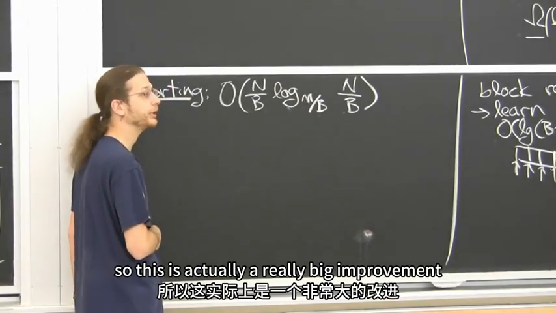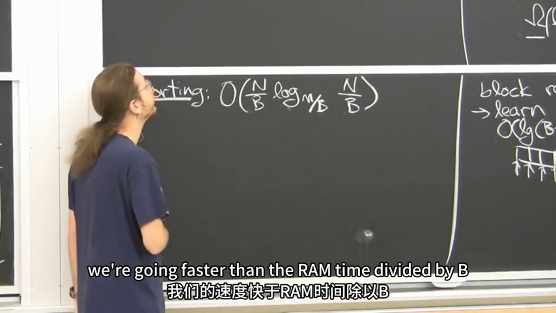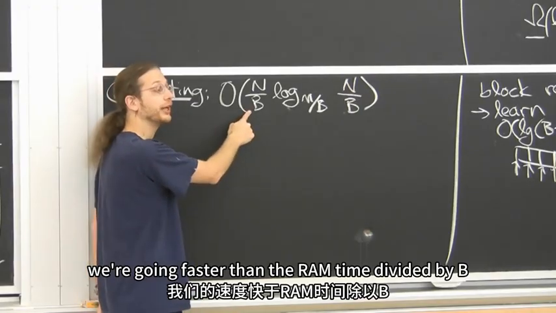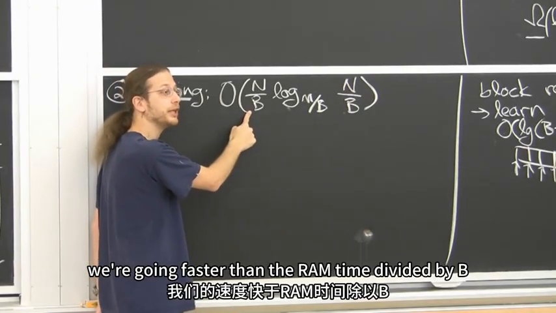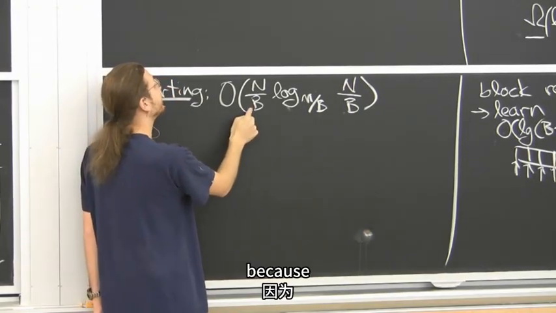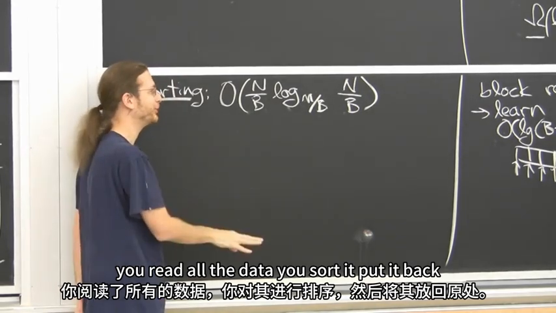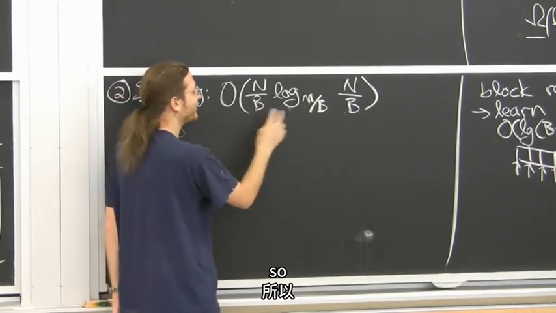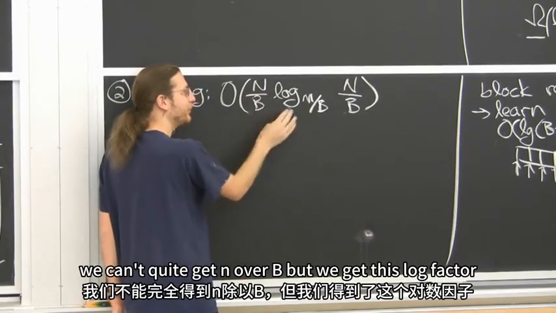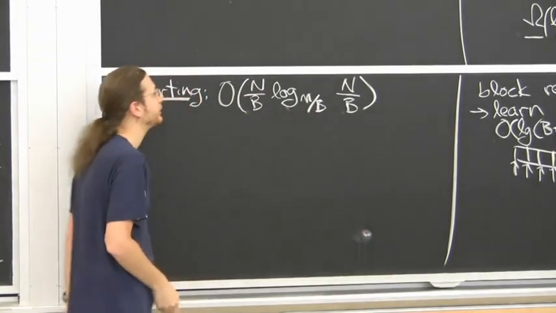So this is actually a really big improvement. We're going faster than the RAM time divided by b, because to sort in the cell-probe model just takes linear time. You read all the data, you sort it, put it back. So we can't quite get n over b, but we get this log factor.